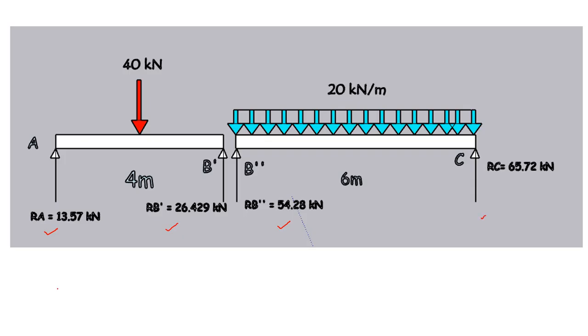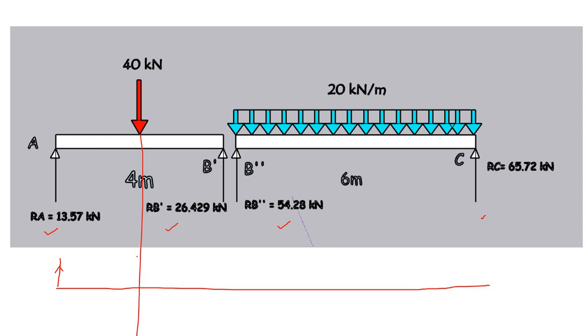So if you want to draw the shear force diagram, you draw a line like this. Here it is 13.57, so you can put arrows like this, and you draw a line here. At this location it is 13.57 minus 40.